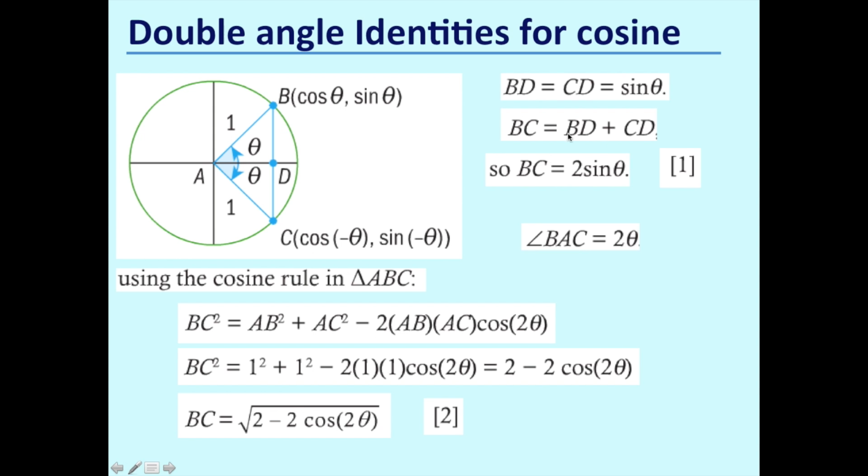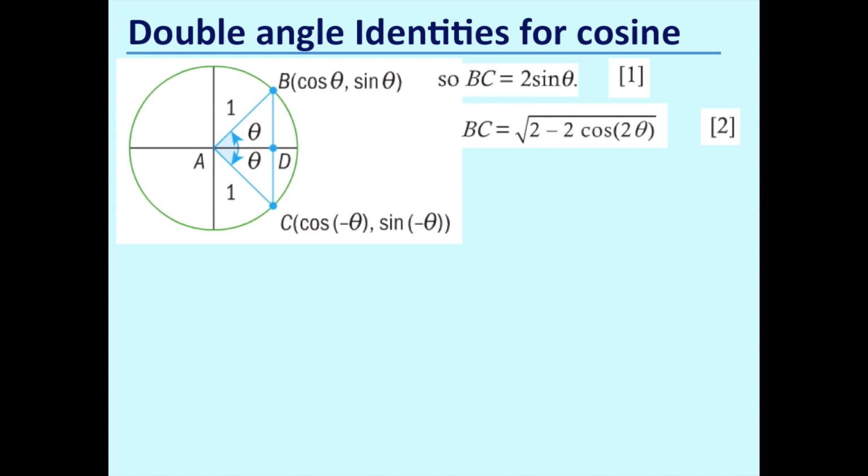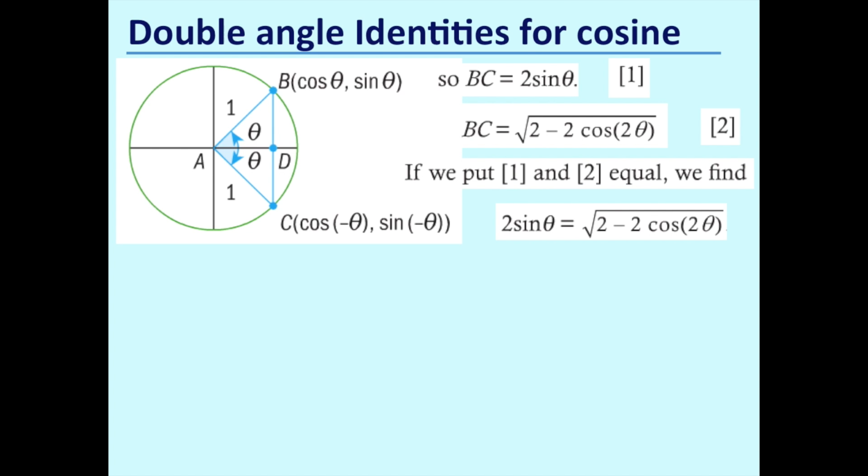So we've got BC up here is 2 sine theta, and BC here is root 2 minus 2 cos 2 theta. Now that we've got two expressions for BC, we are going to equate them. So we've now got this formula here, 2 sine theta equals root 2 minus 2 cos 2 theta.